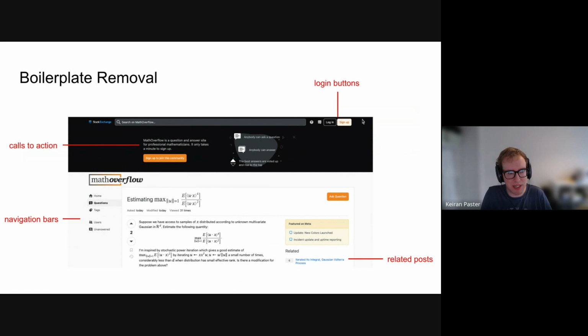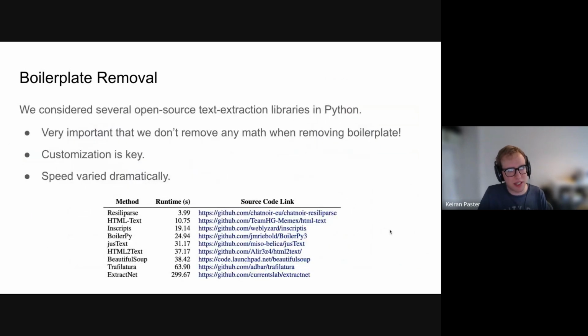But there's other things that we probably don't want showing up in our markdown files. For instance, buttons to sign in or search, these calls to action that appear on every page. There are navigation bars, or even related posts. Stuff like that we want to get rid of. We considered several open source text extraction libraries in Python to do this.